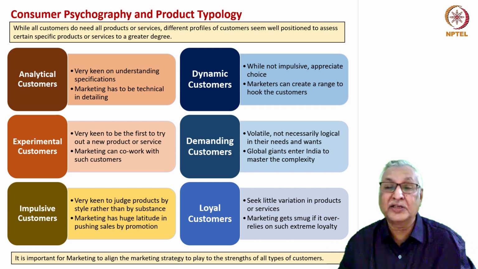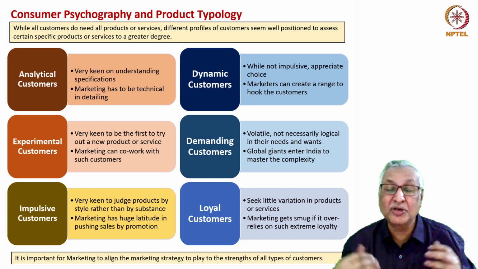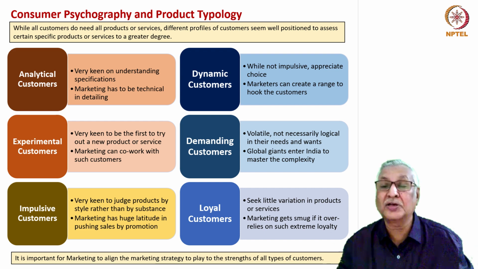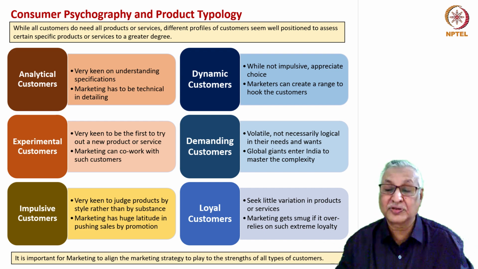Marketers can create a range to hook the customers or let them remain in their canvas rather than move to the competitor's canvas. Demanding customers are volatile. They are not necessarily logical in their needs and wants. When global giants enter India, they do that to master the complexity that is inherent in the Indian market of demanding high quality at affordable prices.